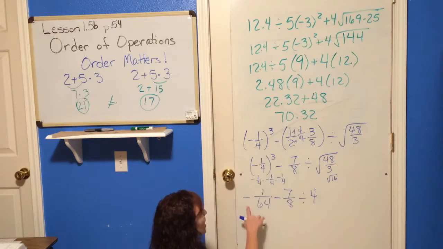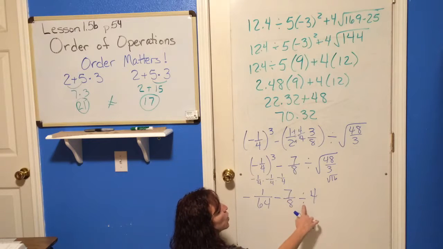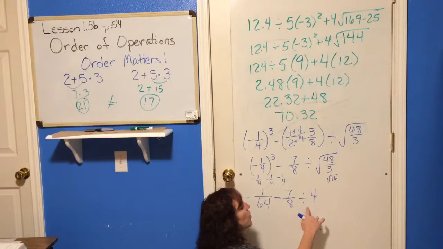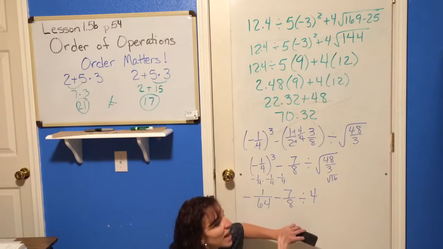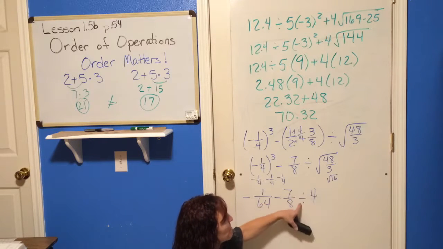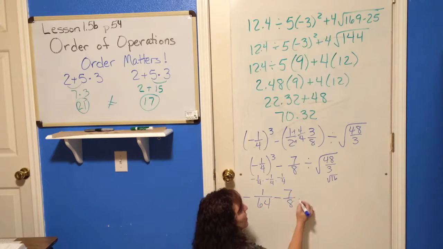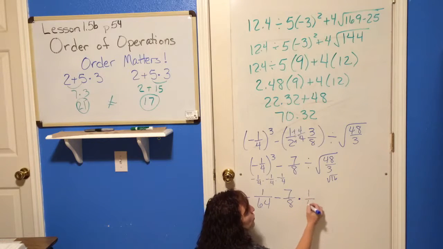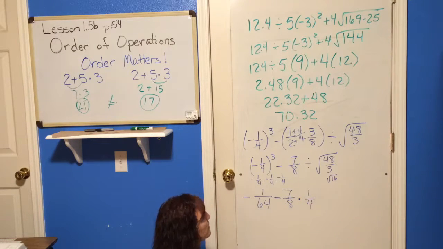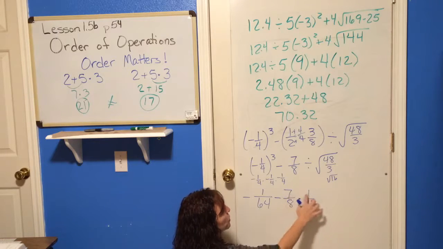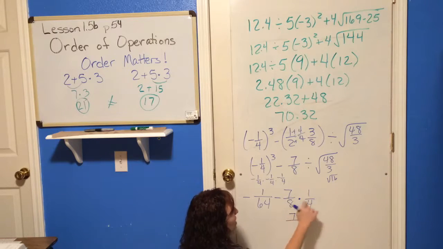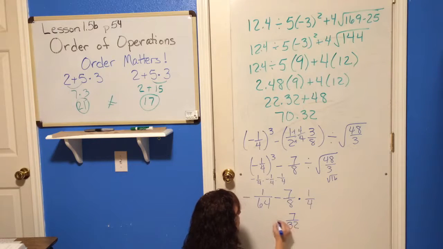Okay, so negative 1/64 minus 7/8. Oh, there's a multiplication or division. So when we divide by 4, remember we're going to multiply by the reciprocal. So I'm dividing by 4, so I can multiply by 1/4. All right, so when I multiply by 1/4, 7 times 1 is 7, 8 times 4 is 32.